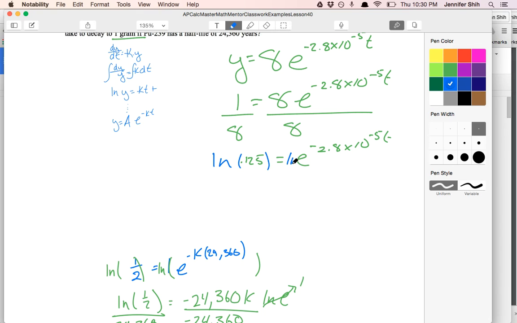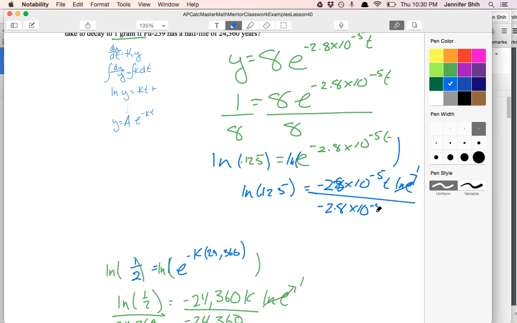I get ln of 0.125 is equal to negative 2.8 times 10 to the negative 5t, ln of e goes to 1. Then divide both sides by 2.8 times 10 to the negative 5.